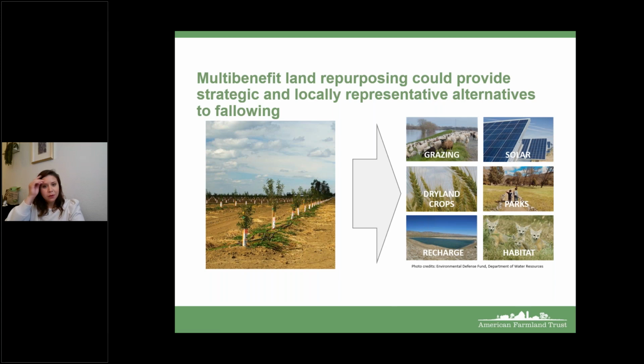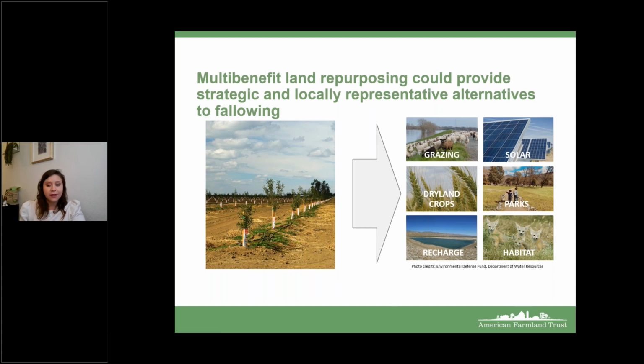So what does this mean? What does multi-benefit land repurposing mean? Well, some of those options can be grazing, solar, dryland crops, parks and green spaces, especially around underserved communities that do not have access to these spaces. Groundwater recharge.